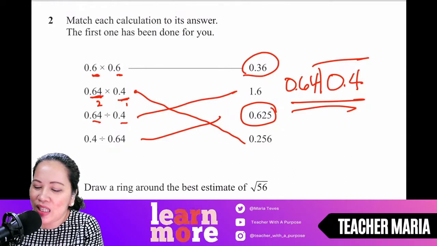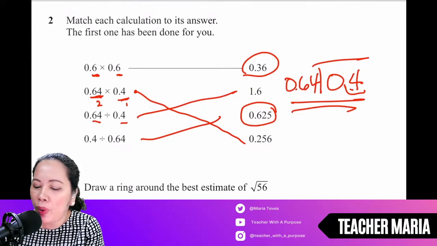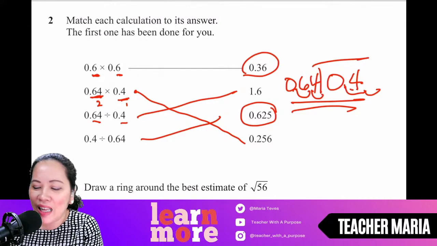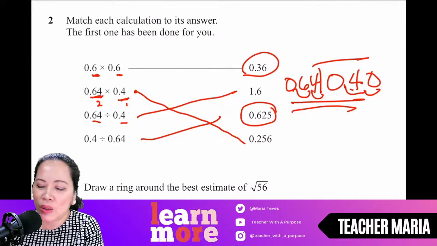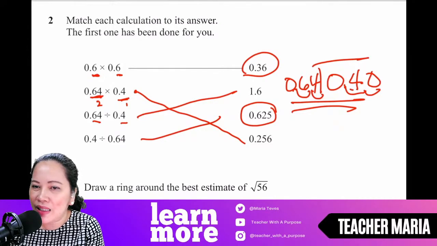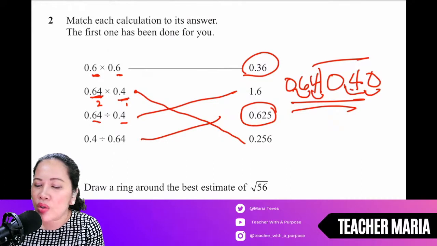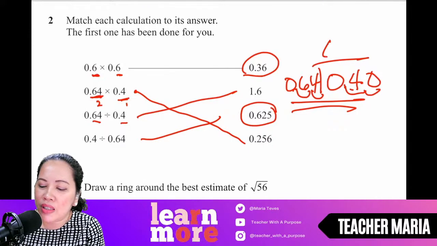Okay, so you just need to move. Okay, so 0.4 is not possible with 0.64, right? So you just need to move it, because the number inside is smaller than the number outside. So you just need to move and then add more. That's why you will have a 0 point, and then you have 6. 6 times 6 is 36.